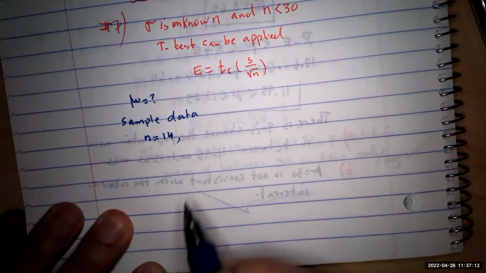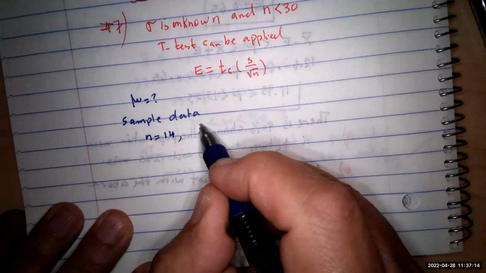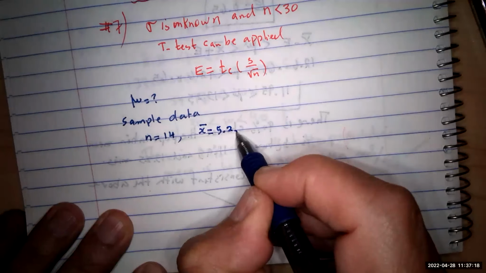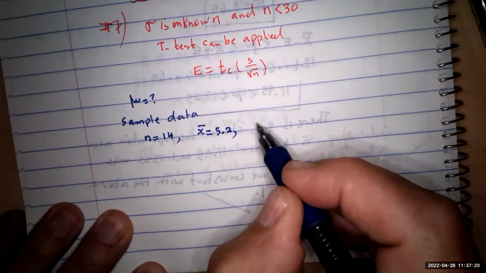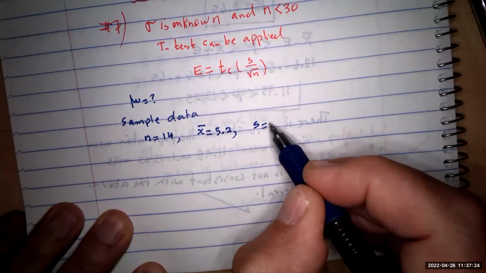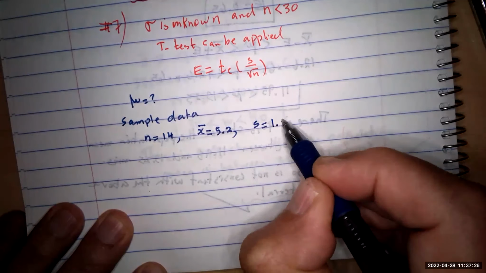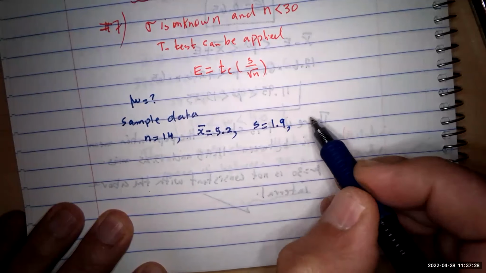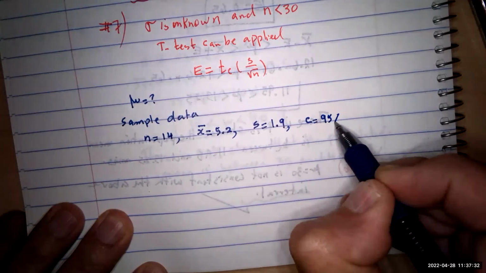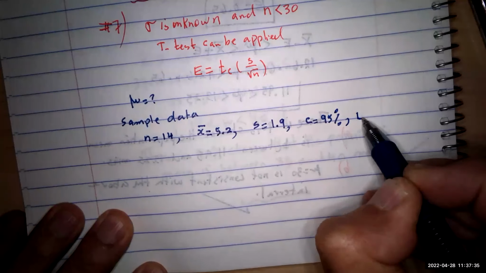And in this case, the sample mean is given to you. The X bar is 5.2. We don't have the sigma, but we have S. S, the standard deviation of a sample, is 1.9. And you want to find the confidence interval with the confidence level of 95%. So we have to find the E.